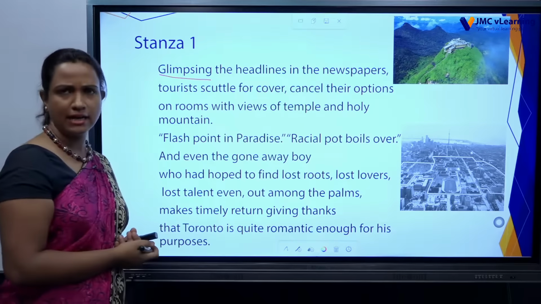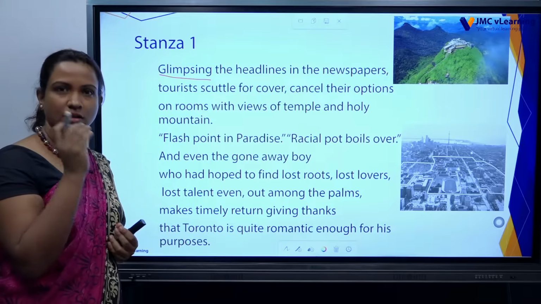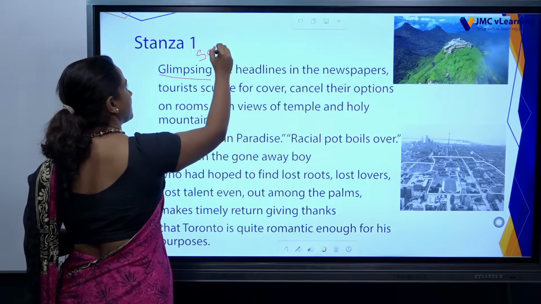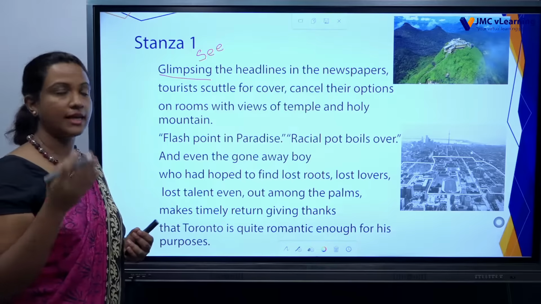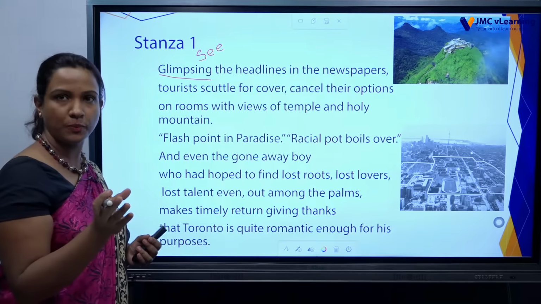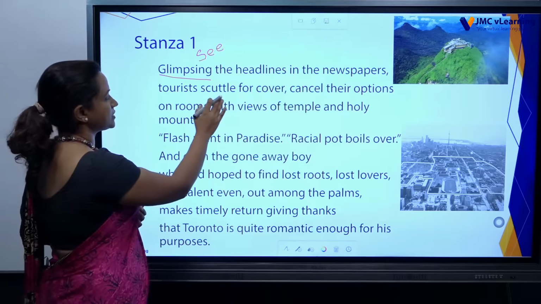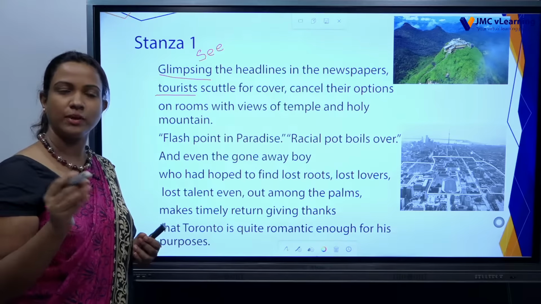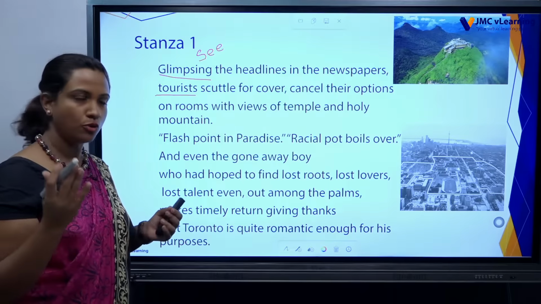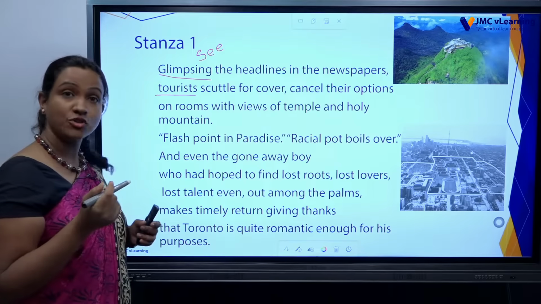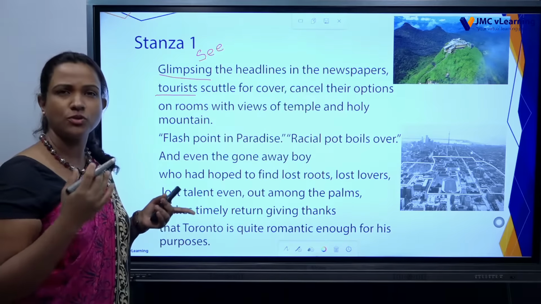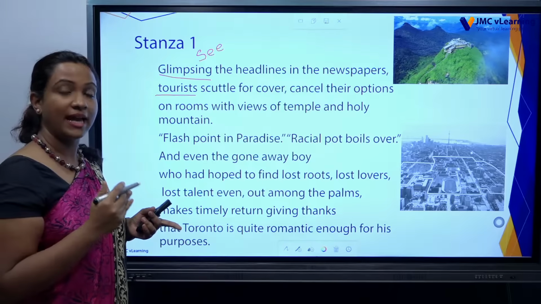Glimpsing the headlines. Glimpsing, you look at, you see. Or you can say look at the headlines in the newspapers. Tourists, who are tourists? Tourists are the people who come to Sri Lanka to enjoy the natural beauty. We have a very nice beauty, so tourists from other countries come and enjoy.